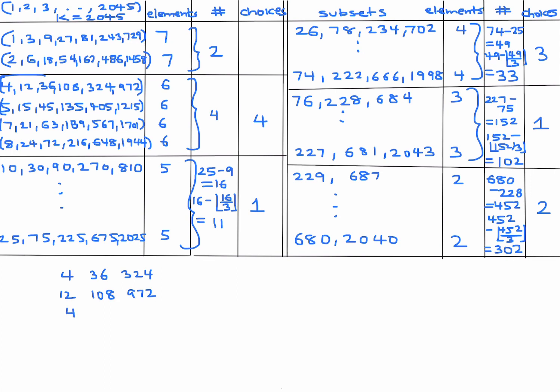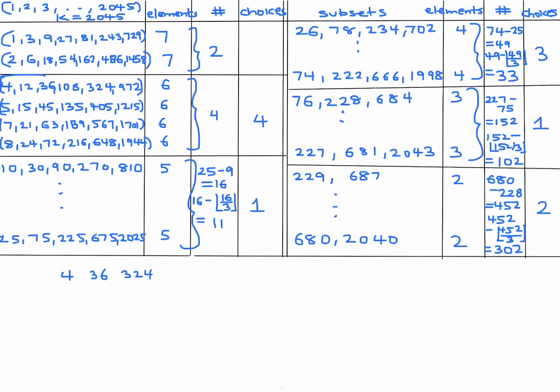You can use 4, 36, and 972. Or you can use 4, 108, and 972. And as you can see, there are 4 of them. That's why I put a 4 there. So I hope this is making sense.